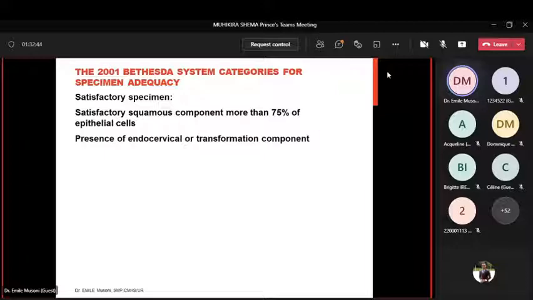The problem here is for the gynecologist: most of them don't know what an adequate sample for pap smear screening is. As we have seen, you must have 70% squamous cells and some columnar transformation component, meaning that when you take a sample, you rotate around the ectocervix and also take from the endocervix. And you do it gently. There is no need to traumatize the patient.